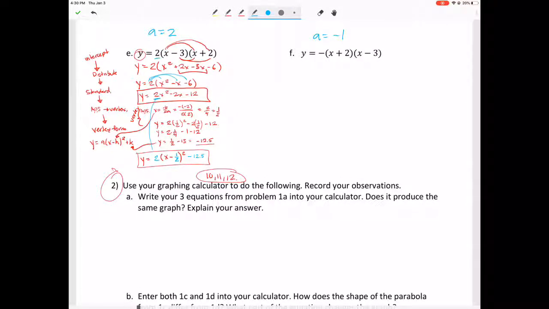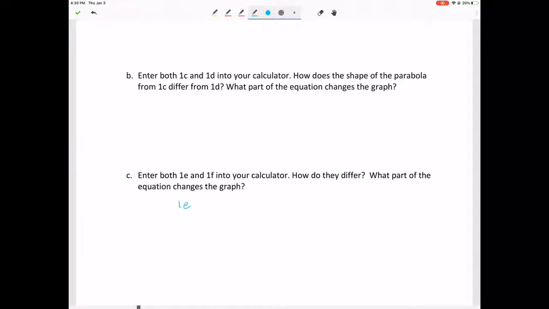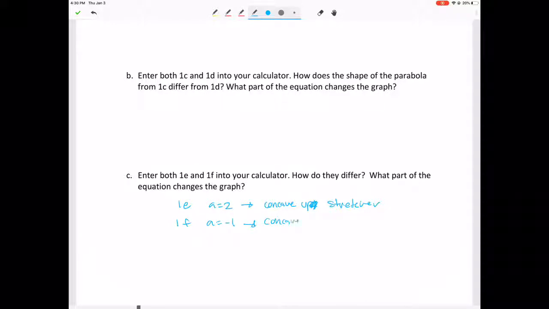Well, if A is negative, then it's concave down. So we'll just write this down. For 1E, A equals 2, so it's concave up and it's stretched. Whereas 1F, A equals -1, therefore it's concave down, and it's not stretched.